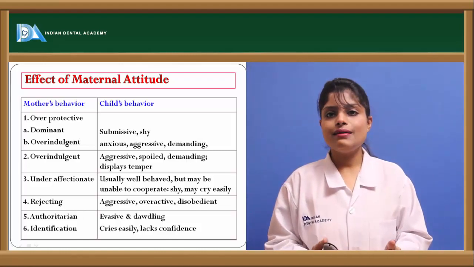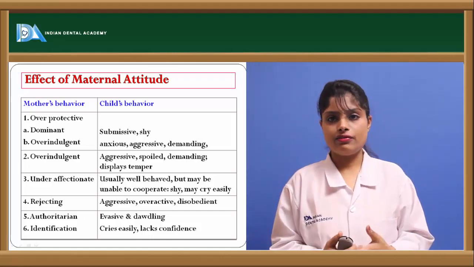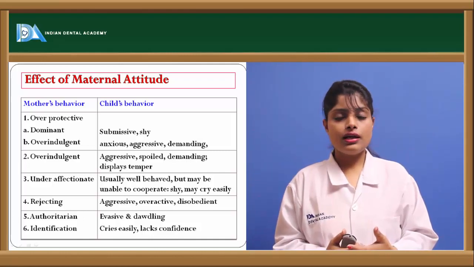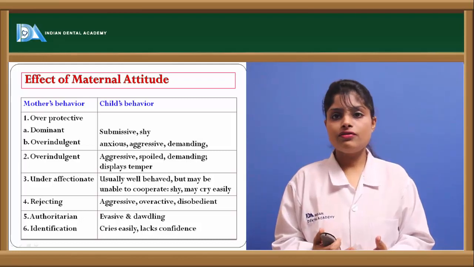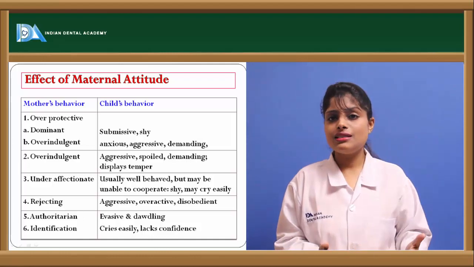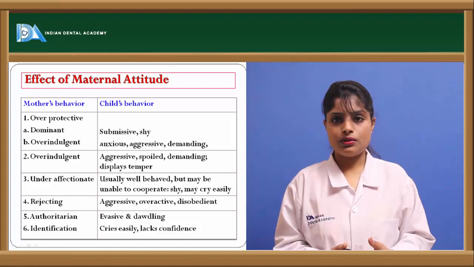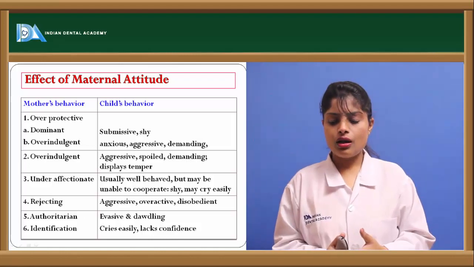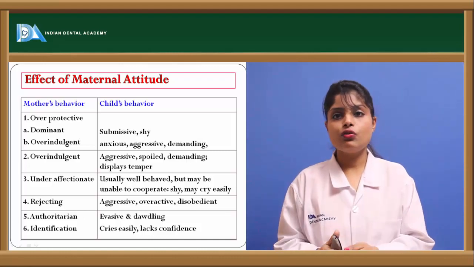The child will always be kept away from fearful situations or new situations of life. This may be so if the mother has a late pregnancy, or if the mother has an only child, or if the child may be suffering from any mental or physical disorder. Such a mother will always be overprotective for the child.